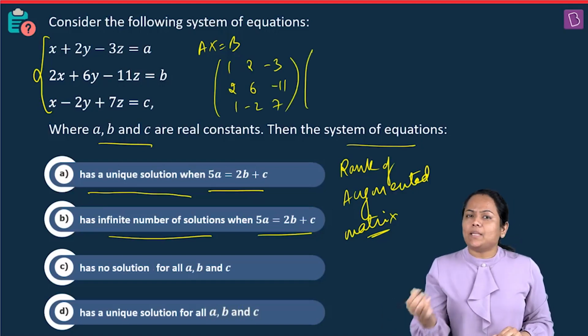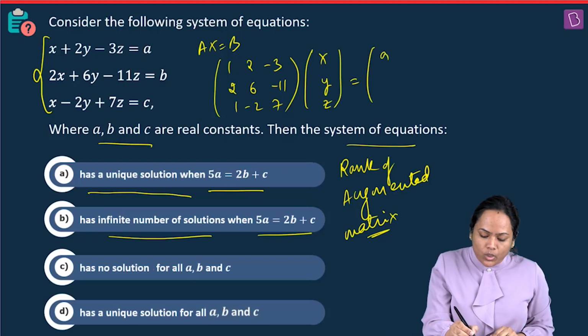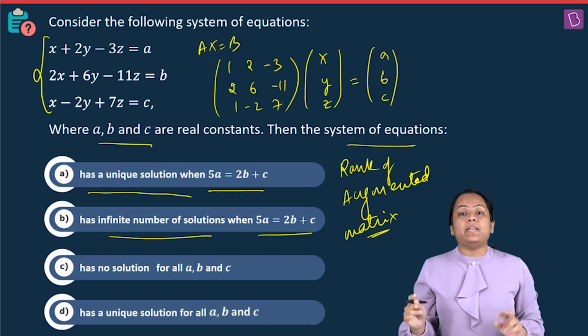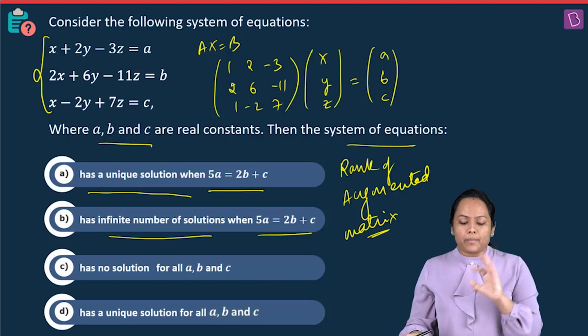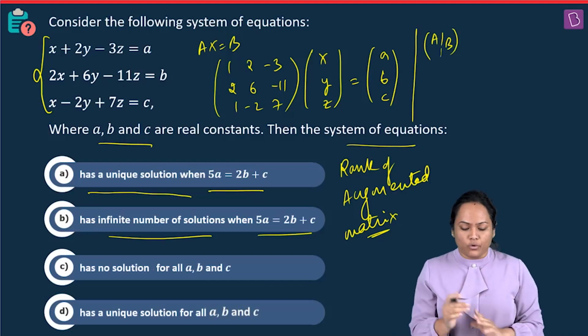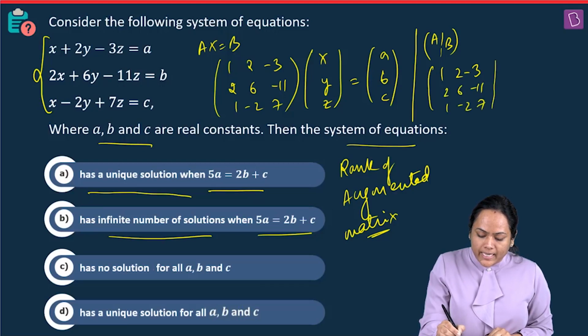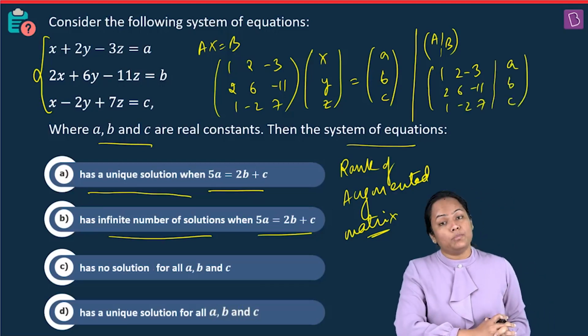Similarly, my x is nothing but the column matrix involving variables x, y and z, and B again is the column matrix involving constants A, B and C. So now I form an augmented matrix. Augmented matrix is nothing but when I write A and B together in a matrix form. So my augmented matrix comes out as 1, 2, minus 3, 2, 6, minus 11, 1, minus 2, 7 and then it's A, B and C.